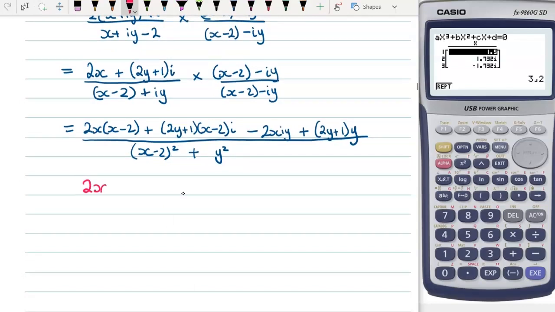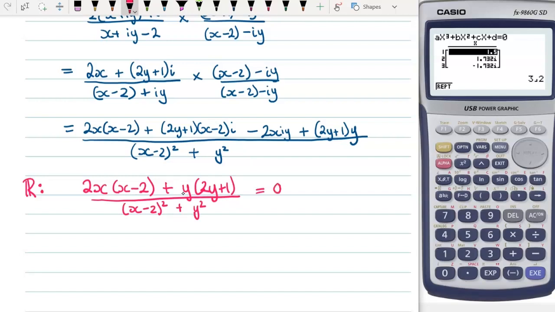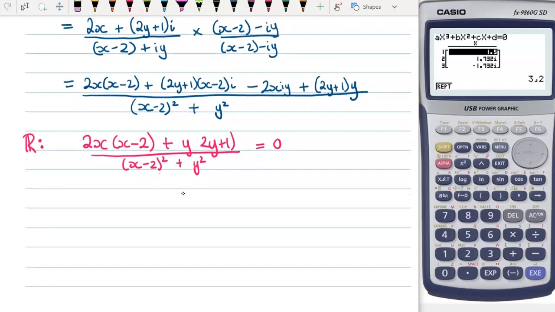We have 2x over x minus 2, so this is taking all of the real pieces, and we have y, 2y plus 1, that's over x minus 2 squared plus y squared, that is equal to 0. Just tidy that. There we go.